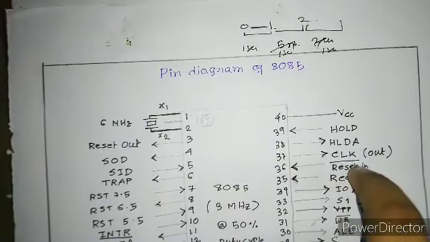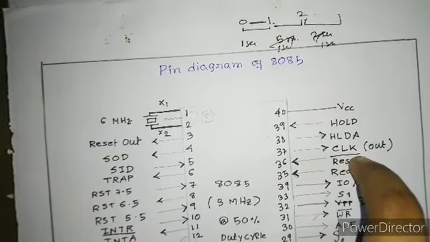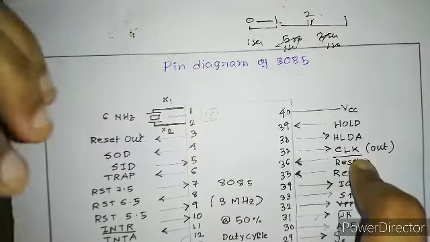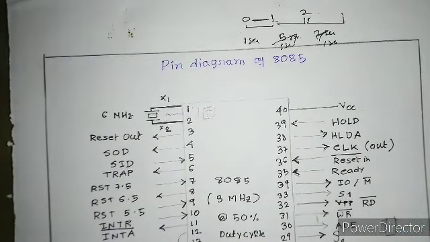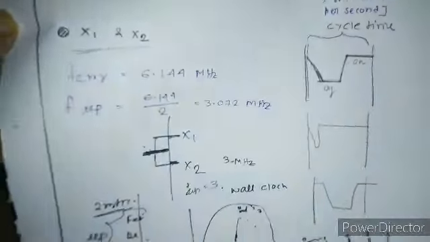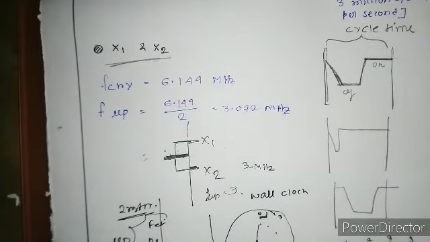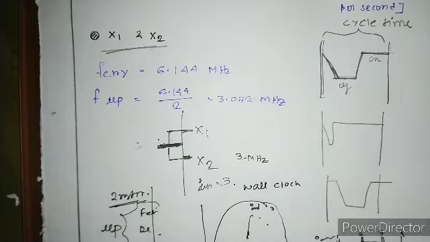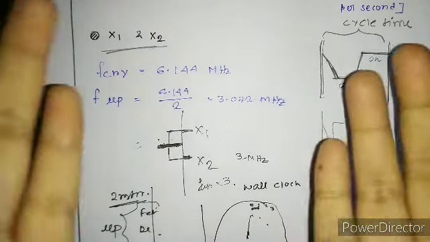So the clock always has to be at a particular rhythm, so that all the other devices connected to the microprocessor also perform at the same pace. Suppose I am clapping. These are my two hands.